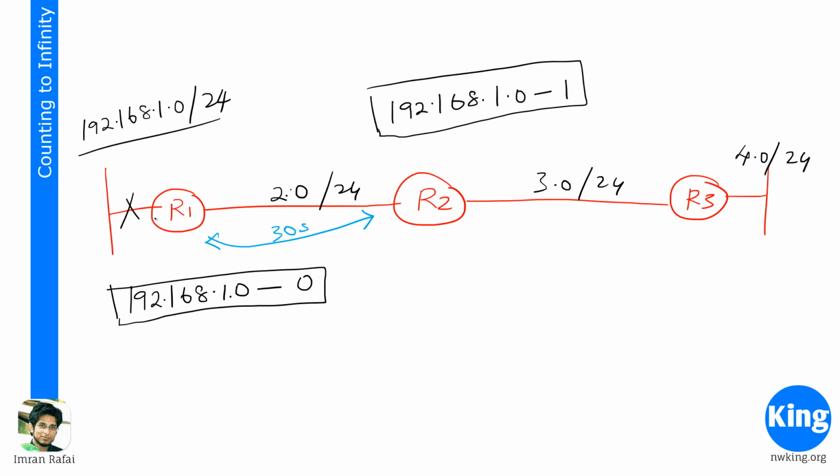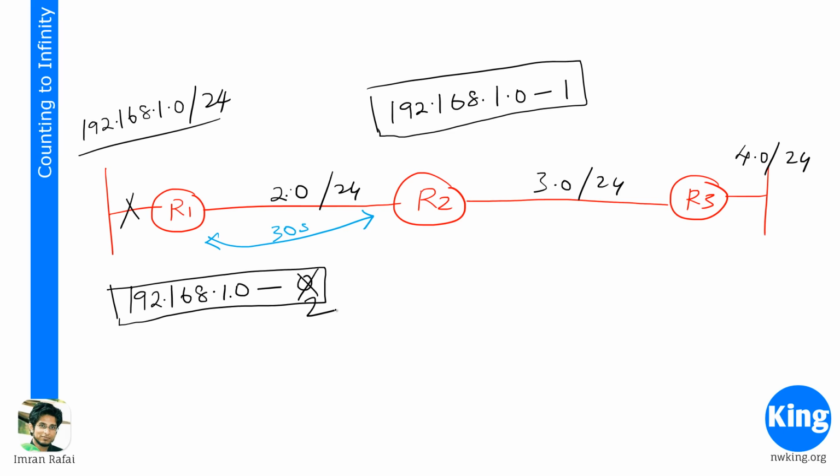Now R1 looks at that update and says, brilliant, I just had access to 192.168.1.0, but I lost access to it. But R2 is telling me that it has access with a hop count of 1, which means I need to update my routing table with a hop count value of 2, right?